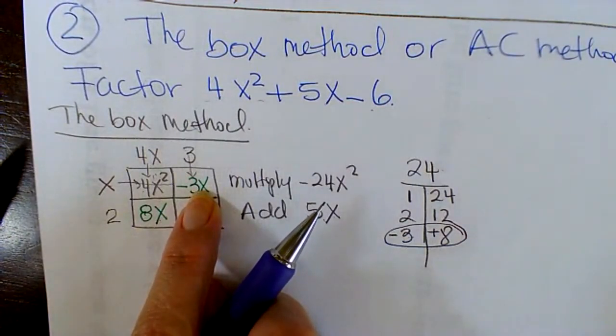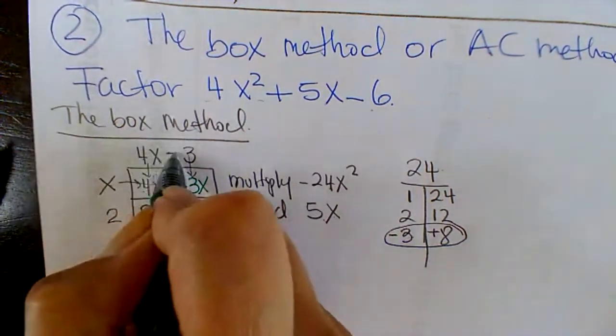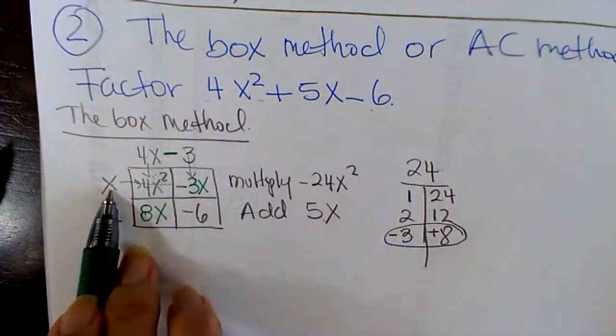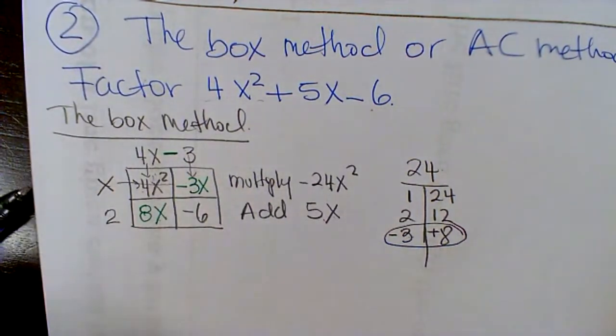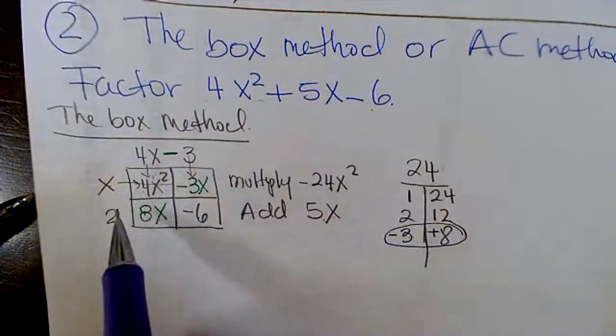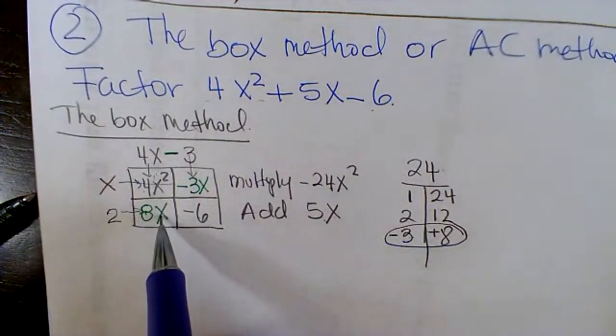I need negative 3x. So that means that this is going to be negative. Now, if I multiply 4x times 2, I get the 8x.